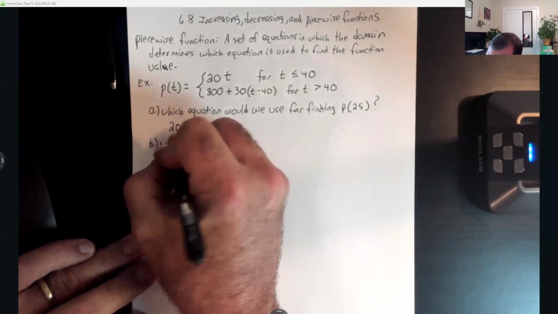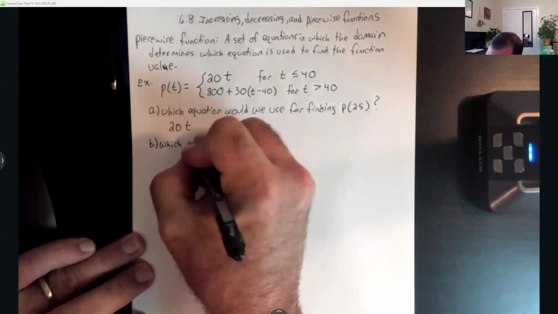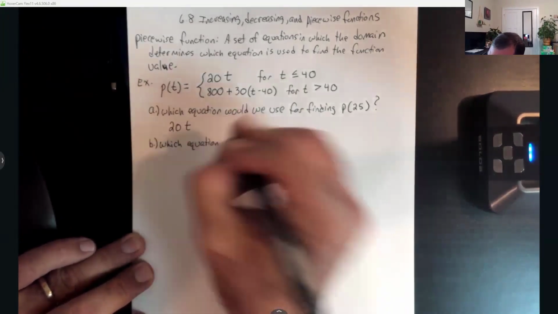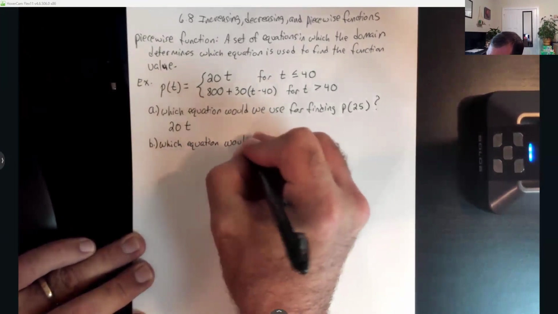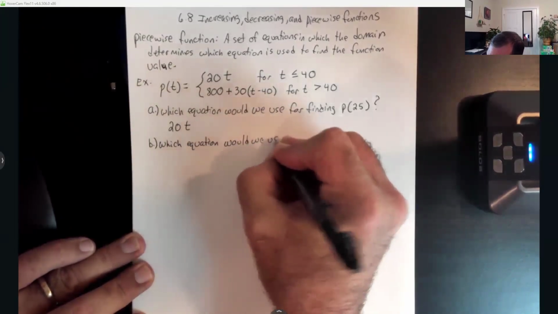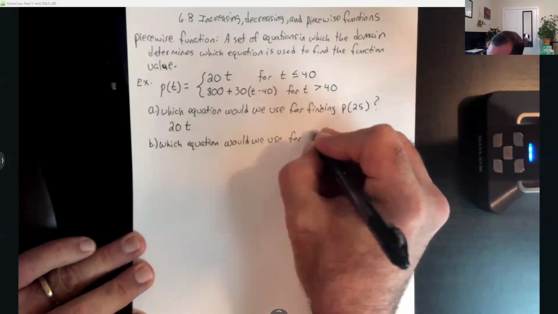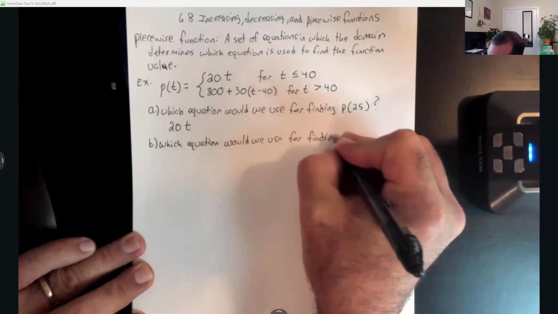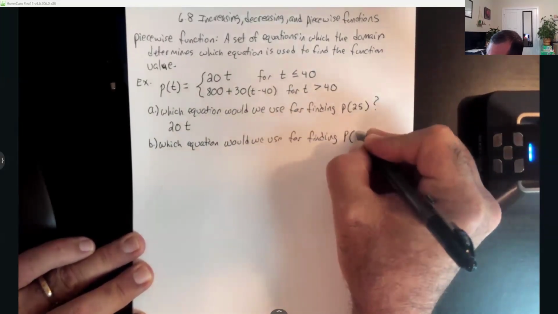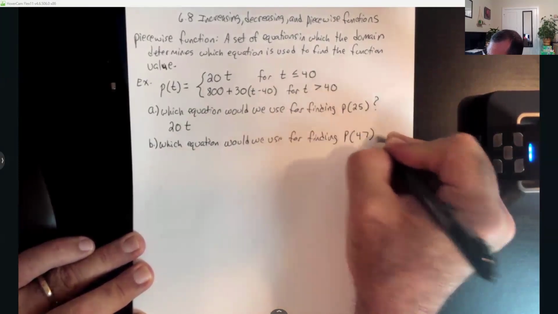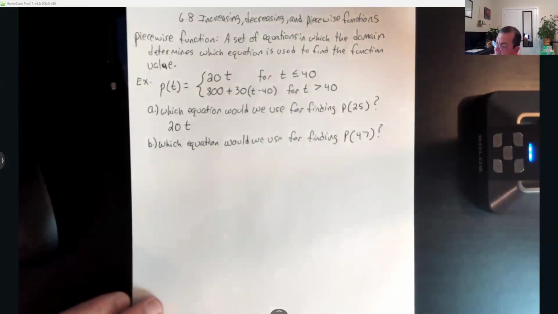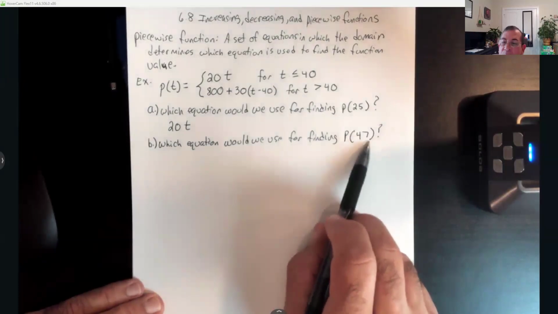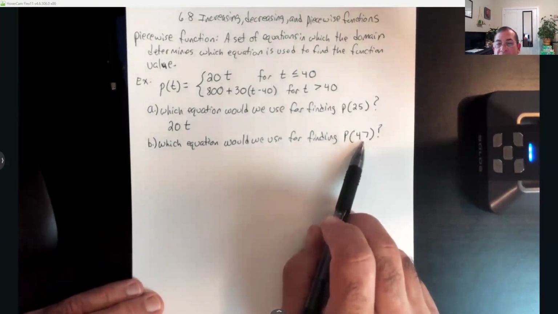Now, which equation would we use for finding P of 47? So now 47, that means we worked a little overtime.